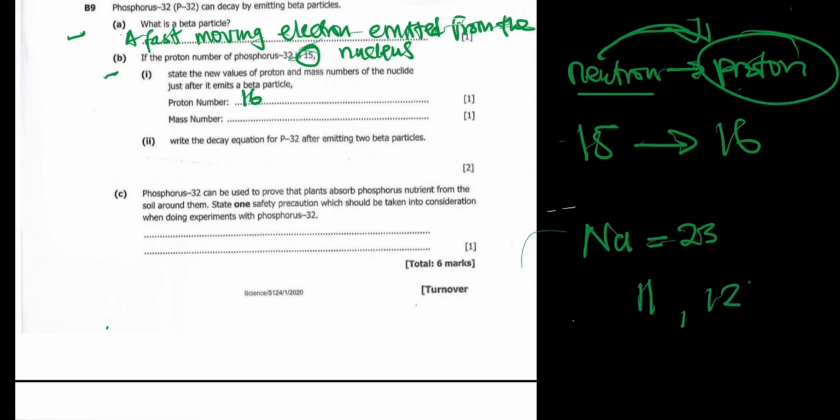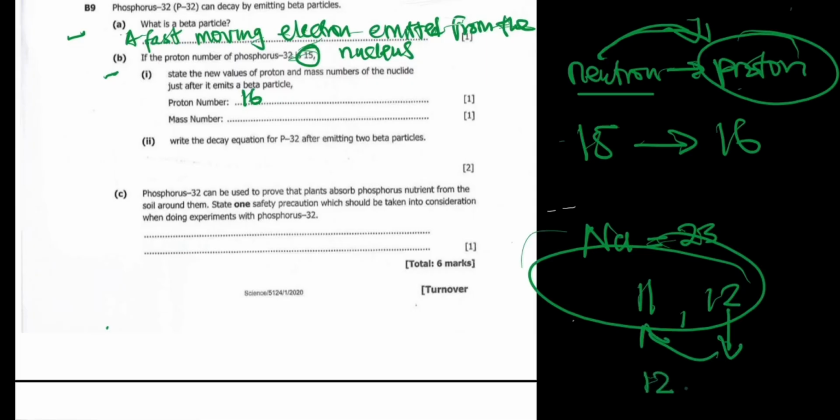So this is the total of the mass number. But if you lose one neutron and actually add it to the protons, then you're going to have 12 protons and then you're going to have 11 neutrons. So the number still remains. So the mass number doesn't change. So the mass number is just going to remain the same since this is phosphorus. So it is phosphorus-32, which means that it is still going to be 32.